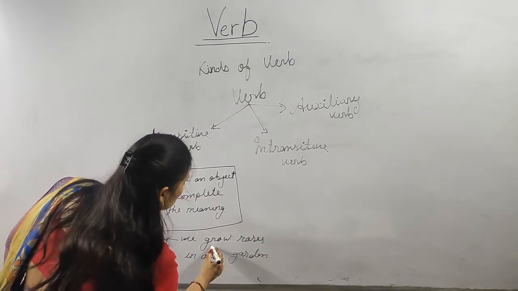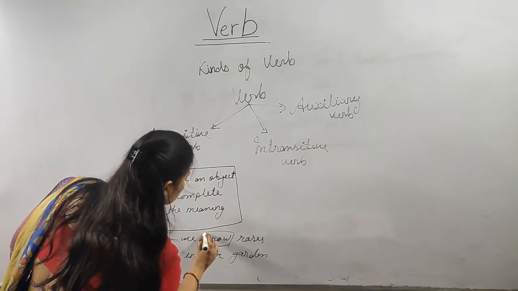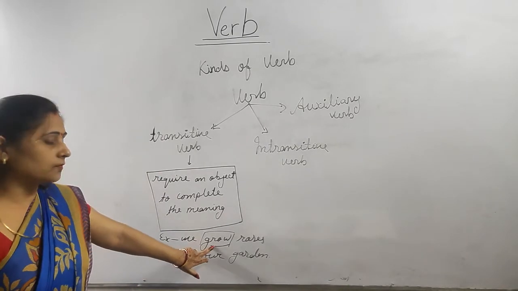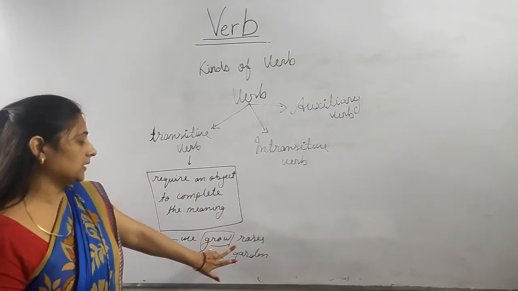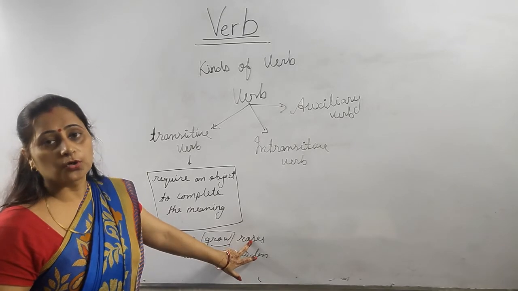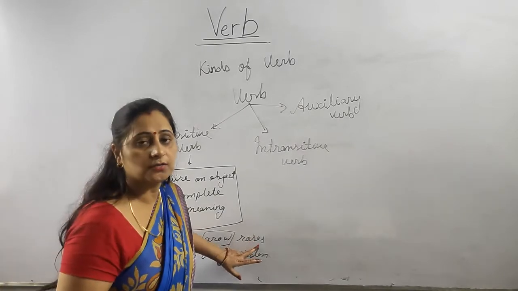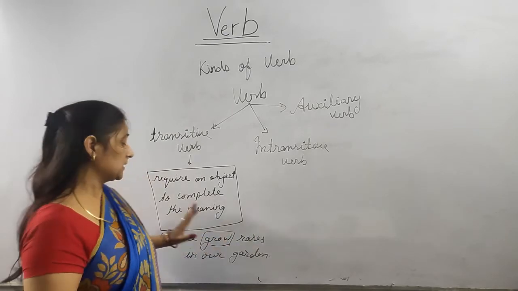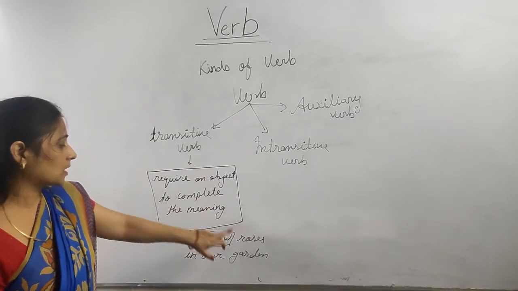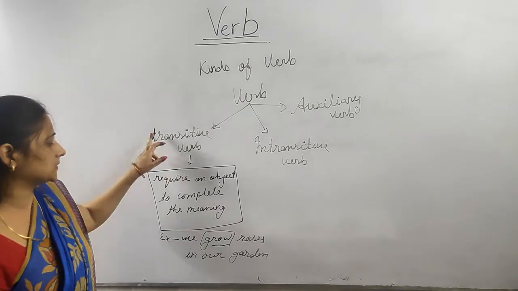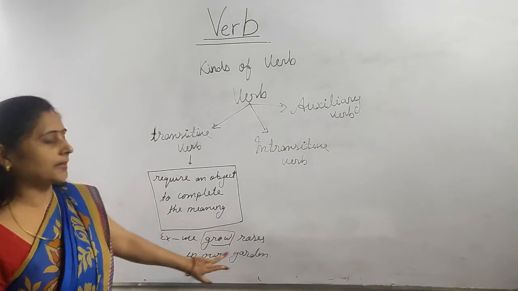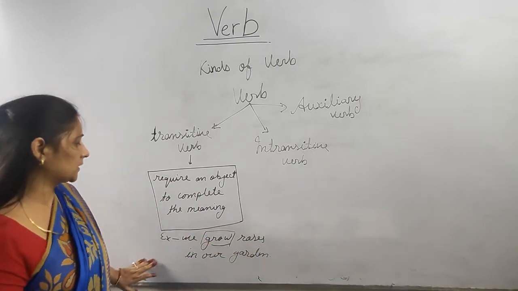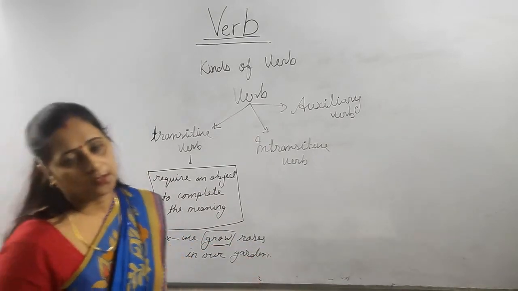The verb is grow. It is showing action, and the word roses is showing the object. Here, this is the example of the transitive verb because in this sentence there is an object. Here it is roses.